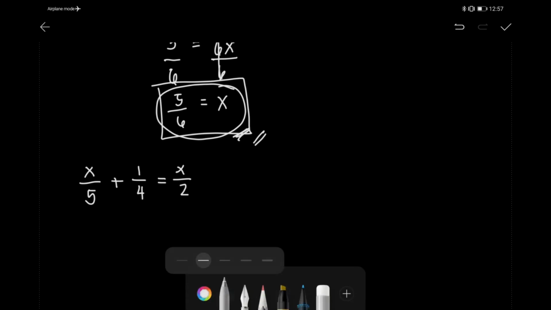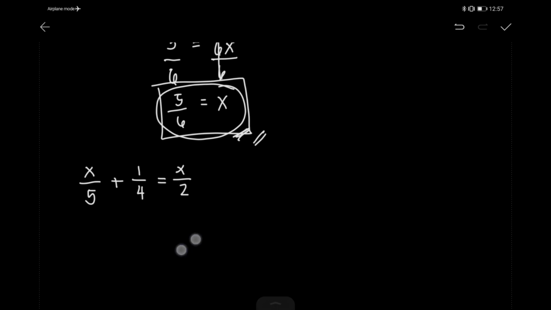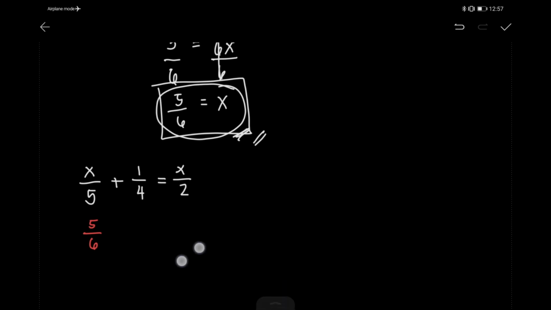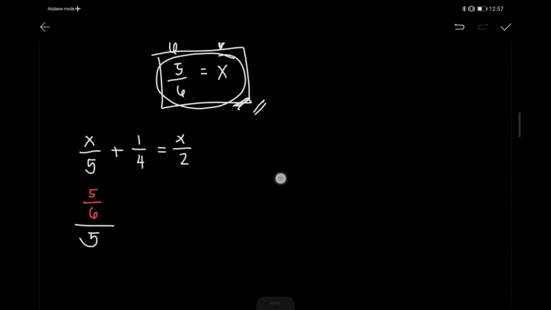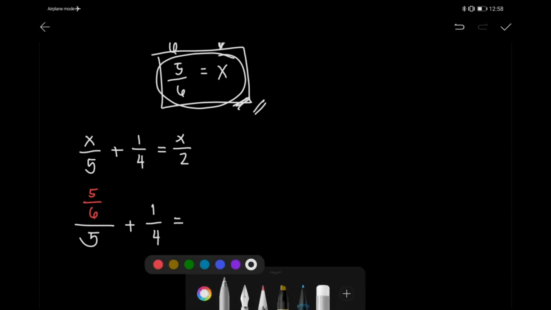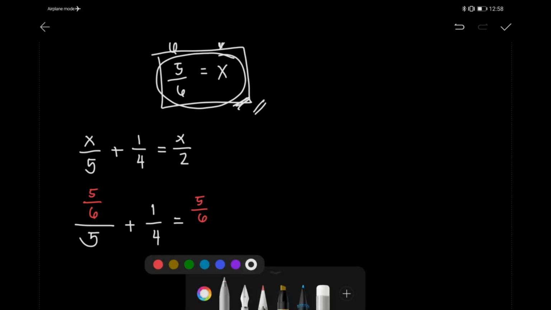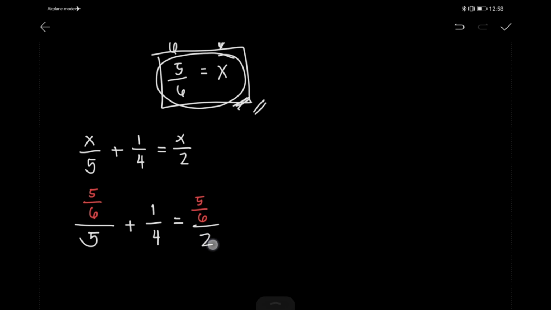First we substitute the value of x that we got. We have x equal to 5 over 6, all over 5, then plus the 1/4, which is equal to the value of x again, substituted: 5 over 6 all over the denominator, which is 2.